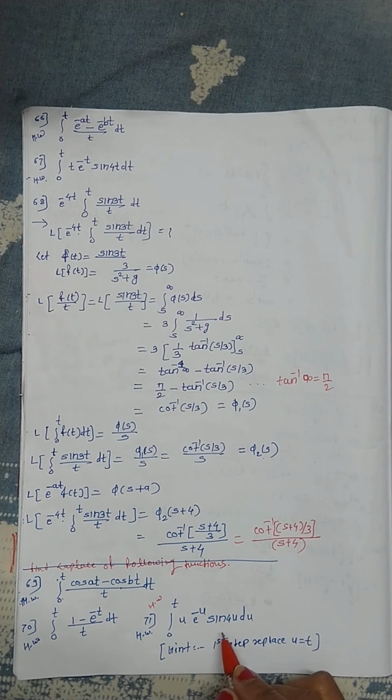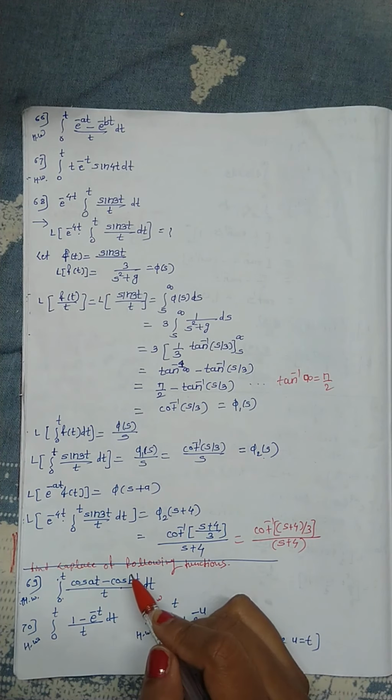This is also for homework, but in this example the integrand is u into e raised to minus u sine 4u. Generally we have seen that the integrand is in terms of t, our original variable, but in any example it can be given in terms of another variable also. This is a dummy variable. For example, the integration of x dx and the integration of t dt, from the limit 1 to 2, are the same integration, right?